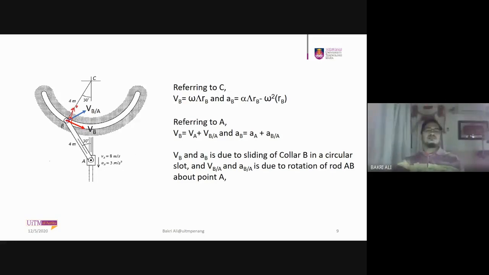But if we refer the pin B to point A, in this case we can see that A is moving. So A is not a fixed point.